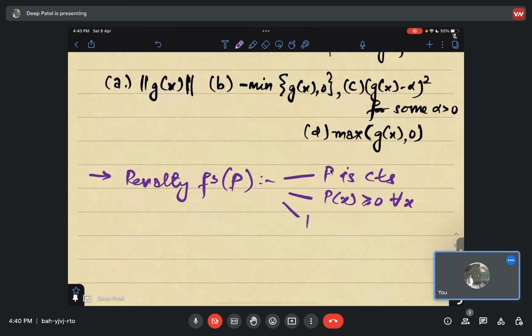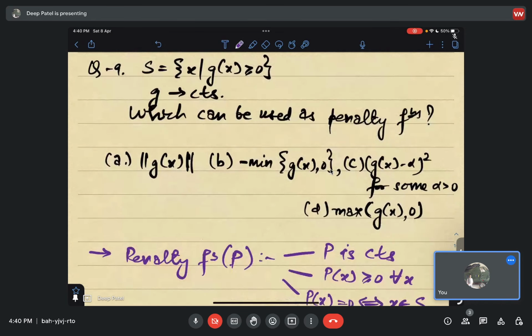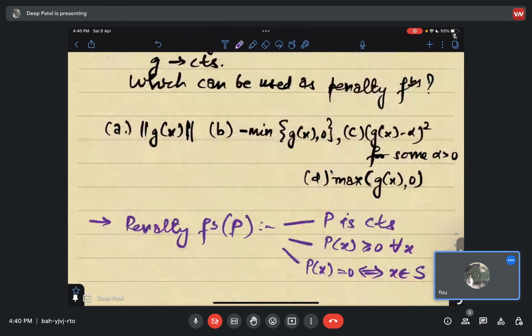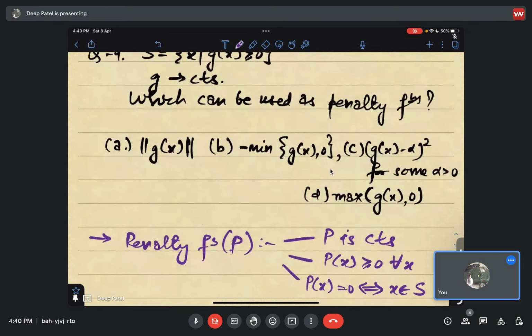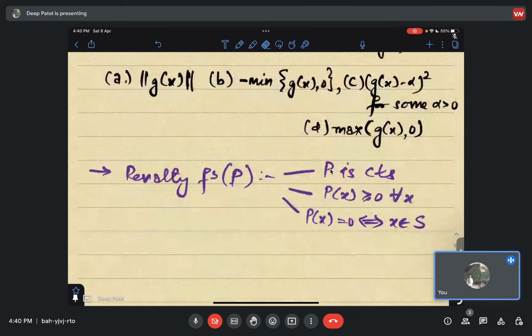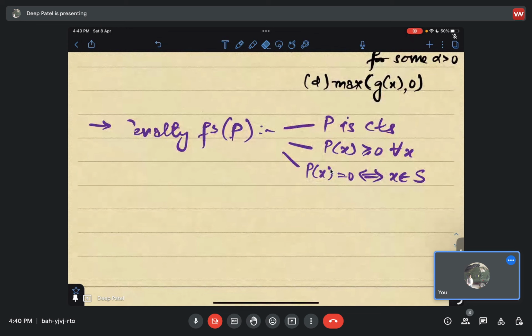And P(x) is equal to 0 if and only if x belongs to S, the feasible set. Right, so this is the definition.